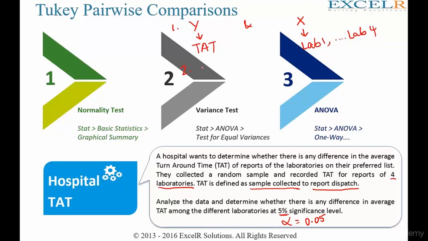The second step would be to identify the data types. Whenever we deal with time, we know for a fact that time is continuous. So turnaround time is continuous data.